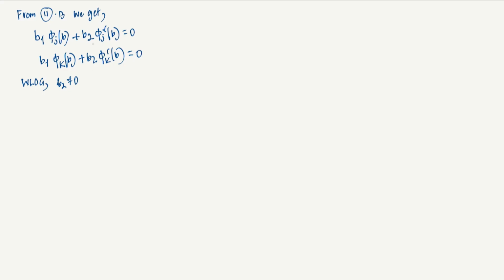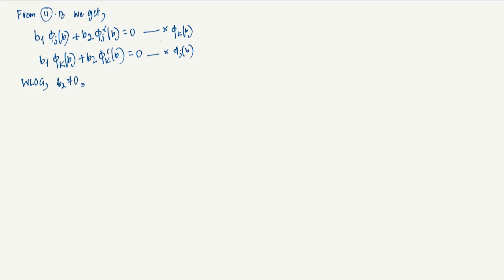If b2 is non-zero, we can multiply this term with phi k of b, and this term with phi j of b, and subtract.